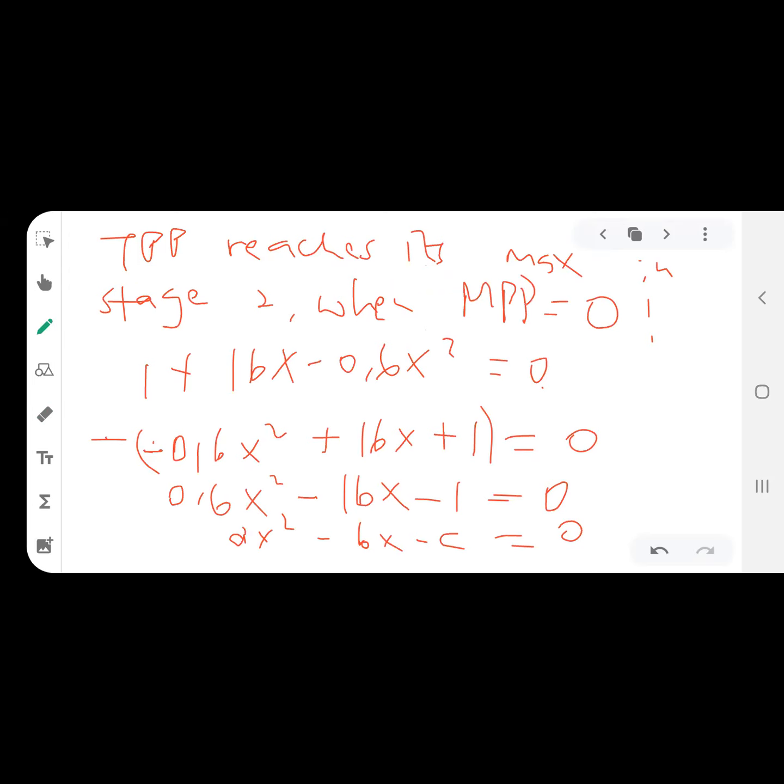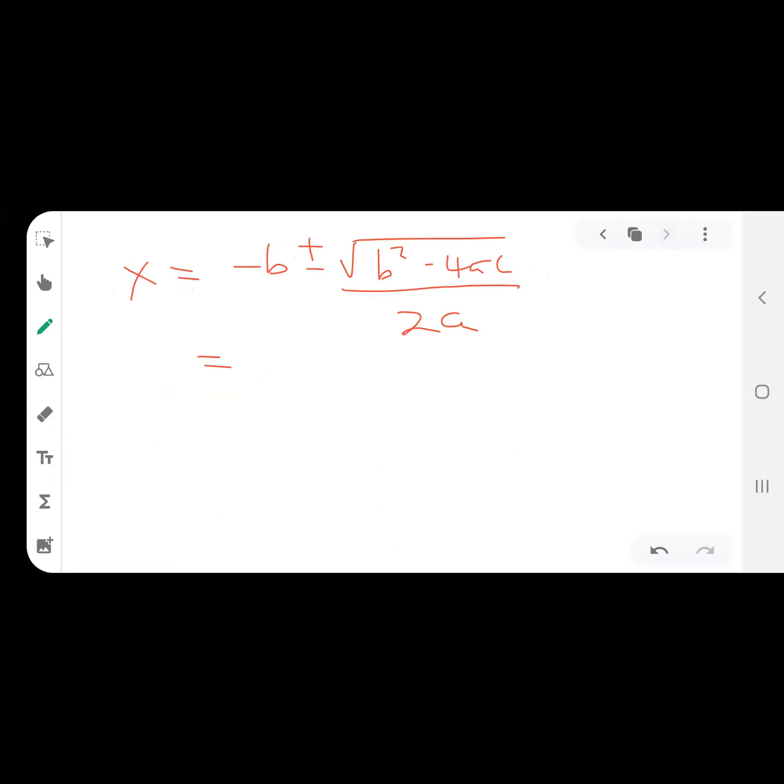Then what is the value of a? 0.6. The value of b? 16. You take it with its sign actually. So we are going to take it with its sign, negative, right? Yes. And then the value of c? -1. So you are going to substitute them here.